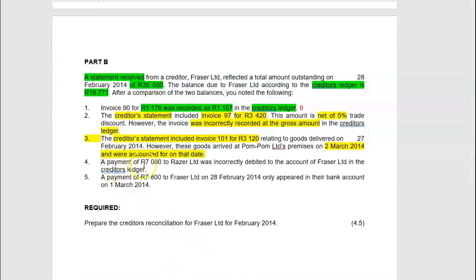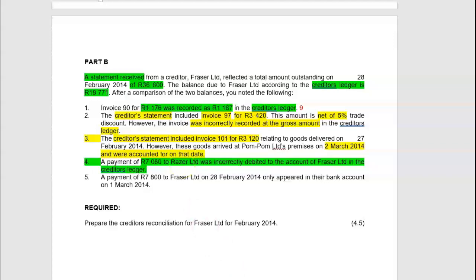Number 4, payment of 7080 to Razor Limited was incorrectly debited to the account of Fraser Limited in the creditor's ledger. So what happened is I reduced Fraser Limited's creditor's account in my books with 7080 instead of debiting Razor Limited, another creditor's account.